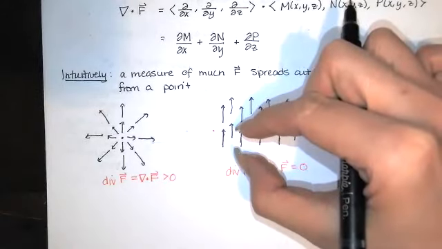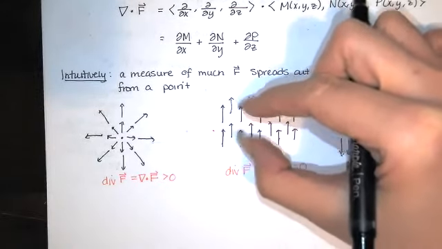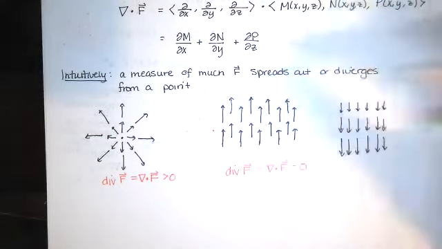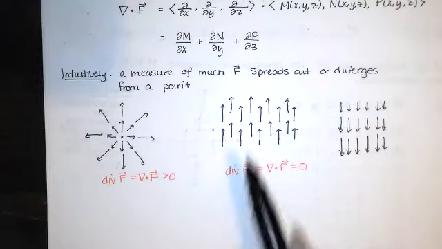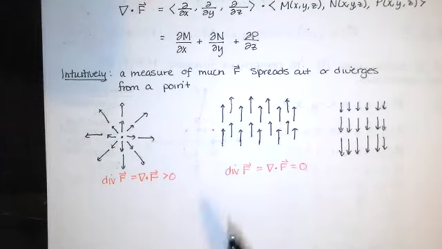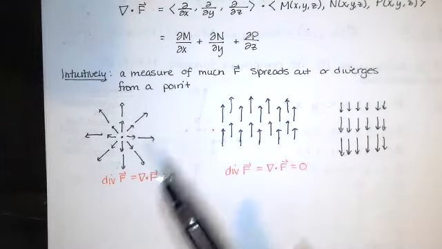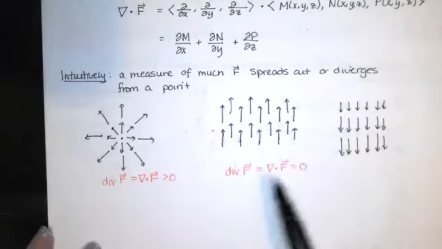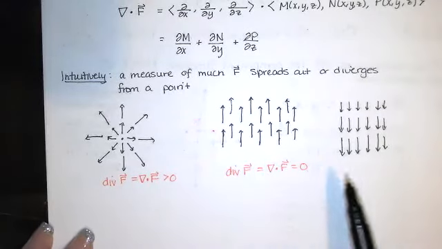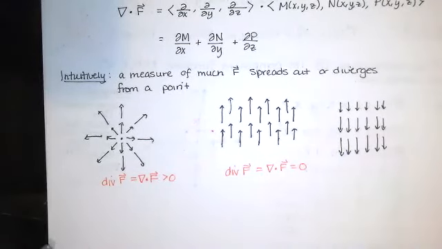I'm here at this location, and then I let y increase by a little bit. Did the y component change? No, not at all, because they're basically all the same vector. So that's 0, and there's no z component. So this one has a positive divergence, because you can imagine that it's spreading out. And over here, we've got a 0 divergence. And over here, I believe we have a negative divergence.